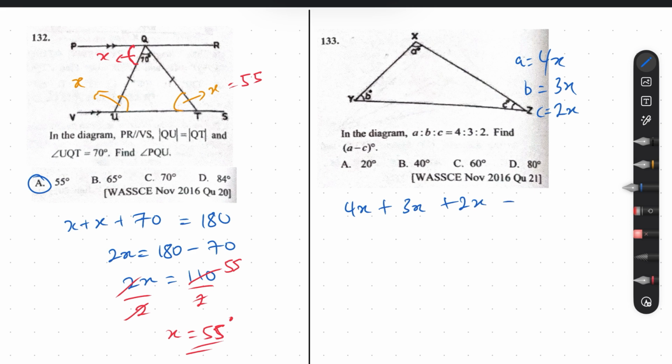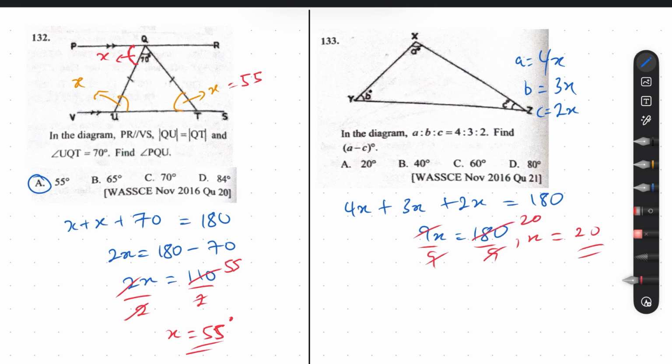Then we equate it to 180 because the interior angles of a triangle add up to 180. When we add these, we get 9x. So 9x equals 180, and we divide by 9. Then our x is 20, because this divides to give 20.